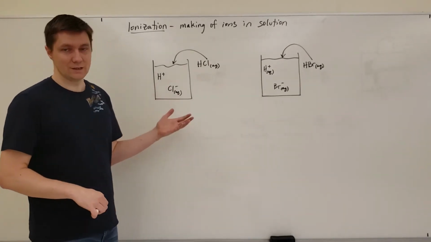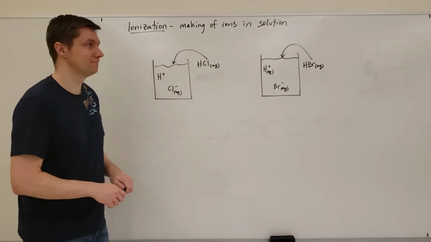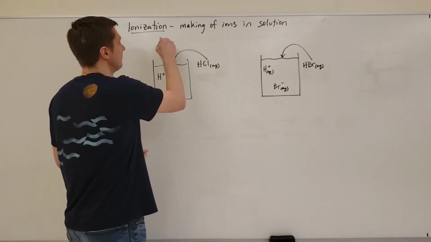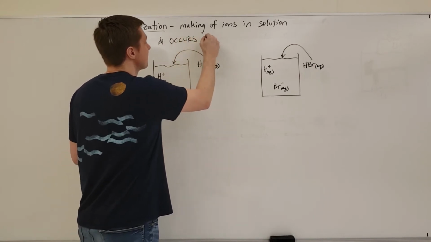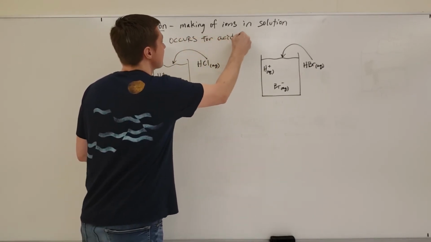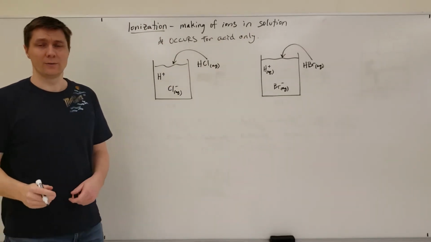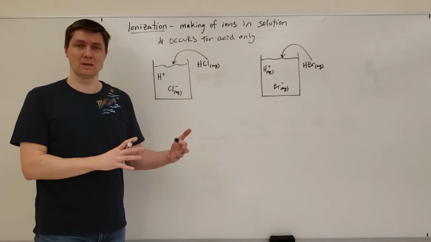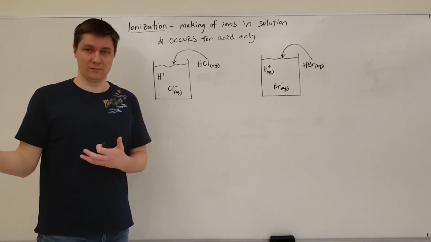Ionization occurs for acids only. And what makes acids different from aqueous ionic compounds is that acids are not made of ions.